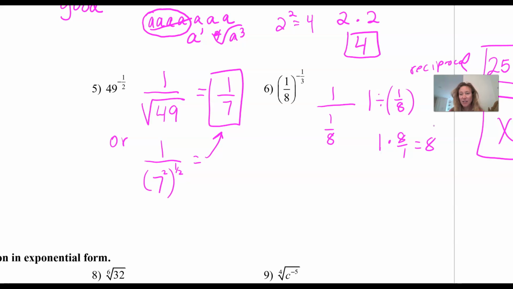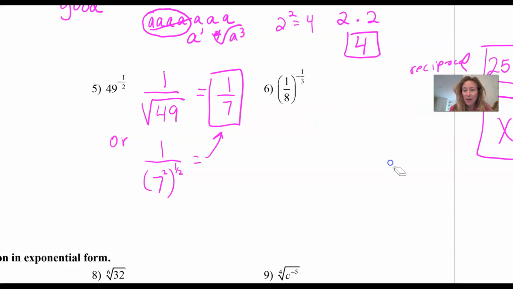So is there a shortcut to doing that? Yes. What I could have done is seen I have a fraction. When I have a negative exponent, that just means I flip the fraction upside down, and that's going to be our answer. So I'm going to change this to 8 over 1 to the positive 1/3. So I take the reciprocal of the fraction, and then I have already dealt with the negative exponent, which is usually the trickier part. 8 over 1 is just the number 8, so I don't really need that 1 there.